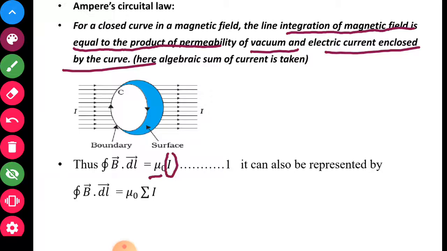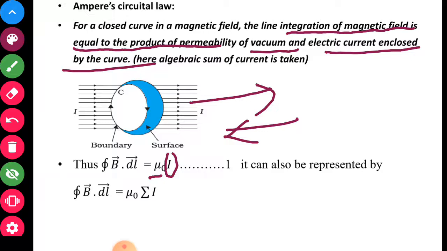If some currents are in this direction and some are in this direction, then you just have to curl your finger in any one direction and the direction of the thumb will show the direction.